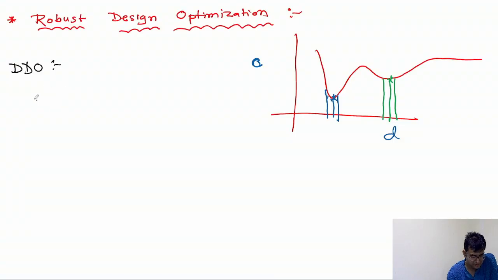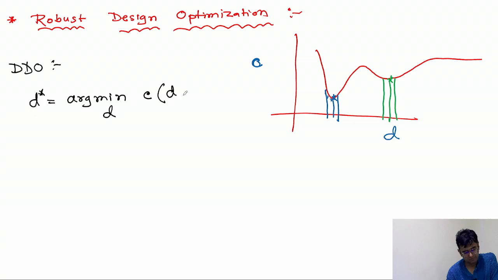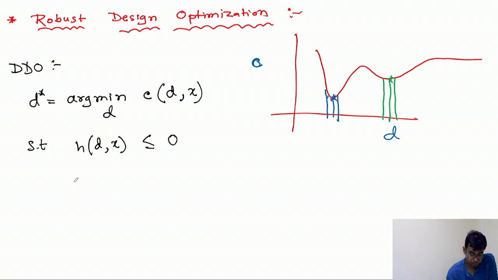Here D star is equal to arg min over D, C of D, and if I am more generic, I will write X also, subject to the deterministic constraint H of D comma X less than or equal to 0, and the lower and upper limits: D lower limit less than or equal to D less than or equal to D upper limit.